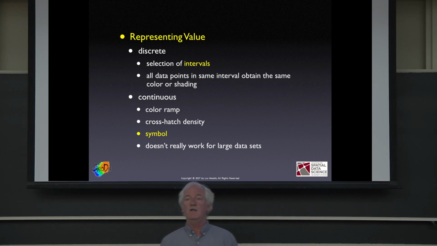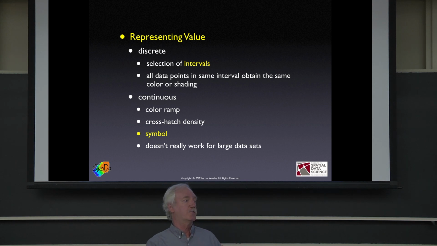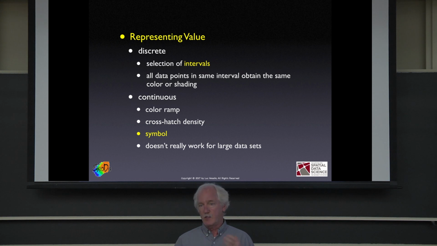You might have seen maps, marketing firms like to use these with little pie charts in locations. So that's basically a symbol map where you don't have discrete cutoffs, but you can use the full range of the values. But then you give up some of the representation. Again, there's a perceptual issue here. If you have too many of these symbols on the map, you can't see them anymore.